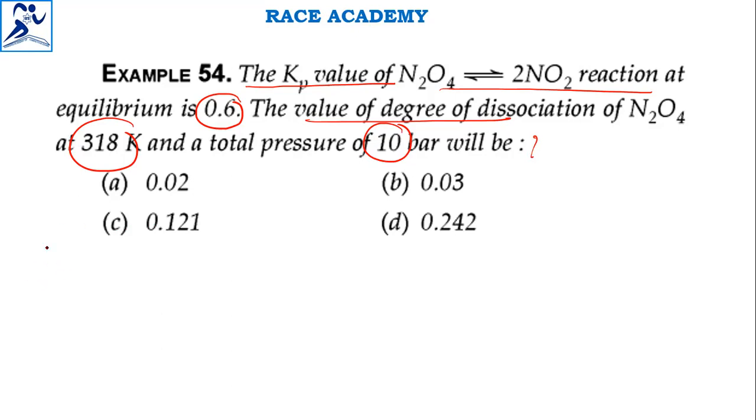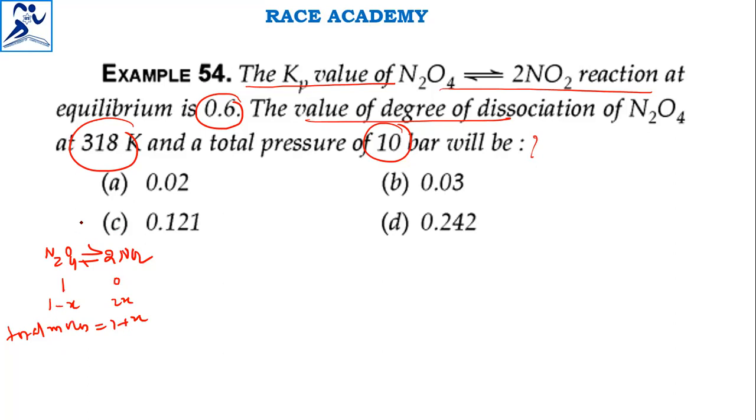you should think of the equation first, that is N2O4 in equilibrium with 2NO2. In this equation, initially if you take 1 mole, it is 0 and dissociation is x. Then we have 1 minus x, and 2x, and ultimately the total moles at equilibrium will be 1 plus x only.